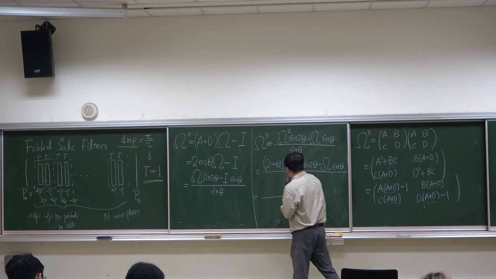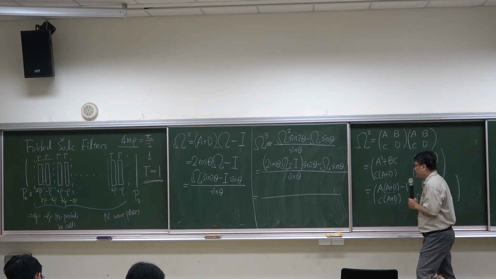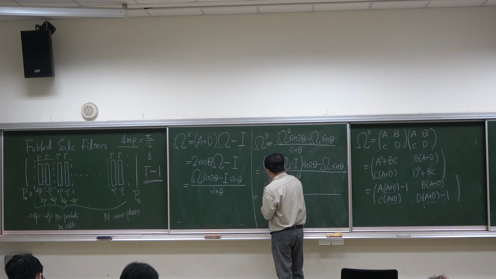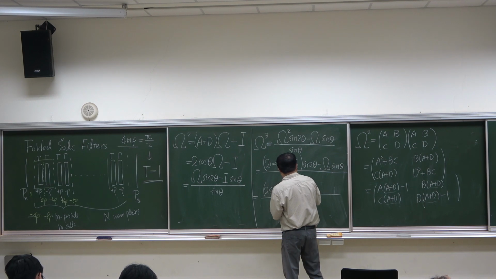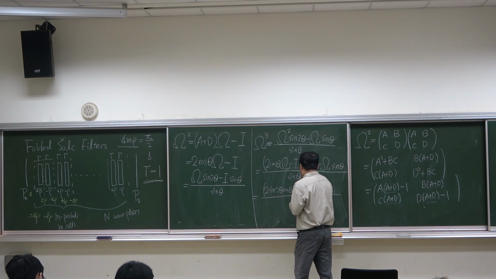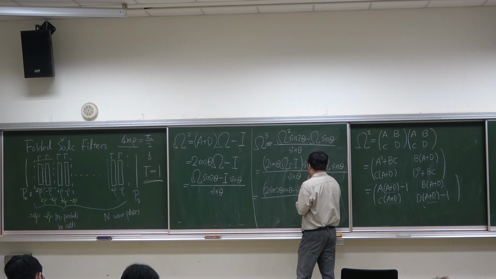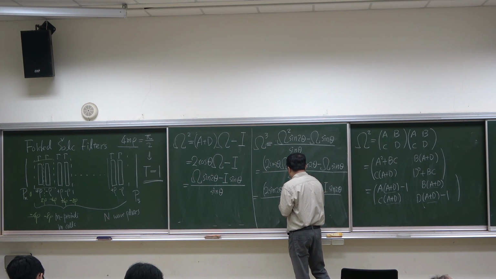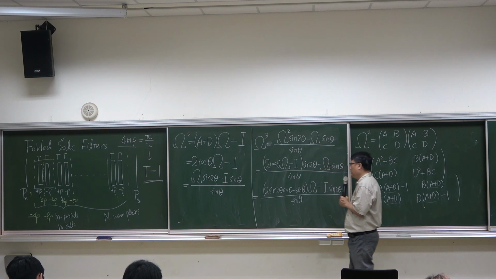And the result is 2 sine 2 theta cosine theta minus sine theta times omega minus I sine 2 theta over sine theta.